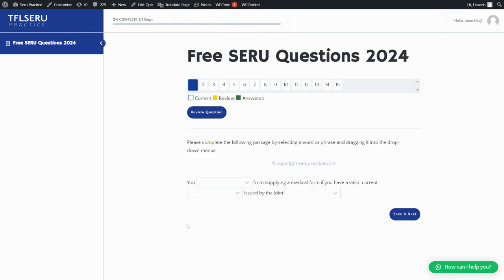In this first example question, we have this sentence. You something from supplying a medical form if you have a valid current something issued by the joint something. So, in these three spots, we have to choose the correct answer from this drop down menu. As mentioned earlier, fill in the blank questions test your knowledge of the handbook as well as basic English grammar rules.